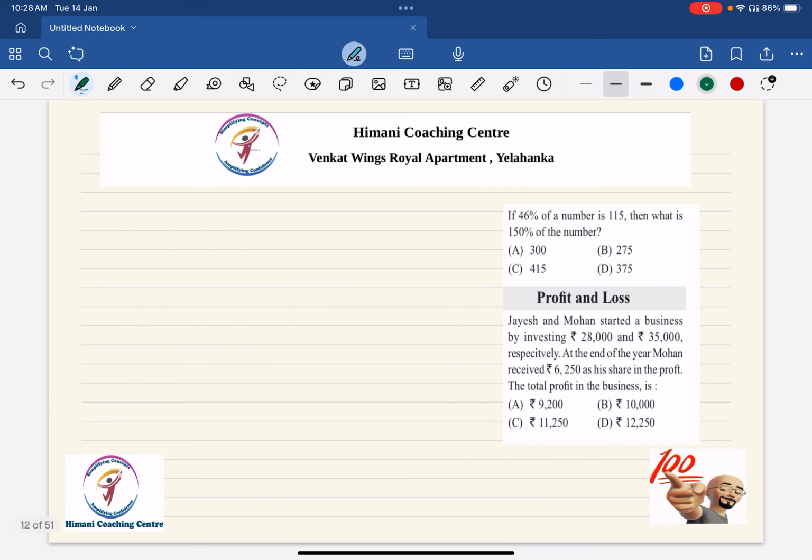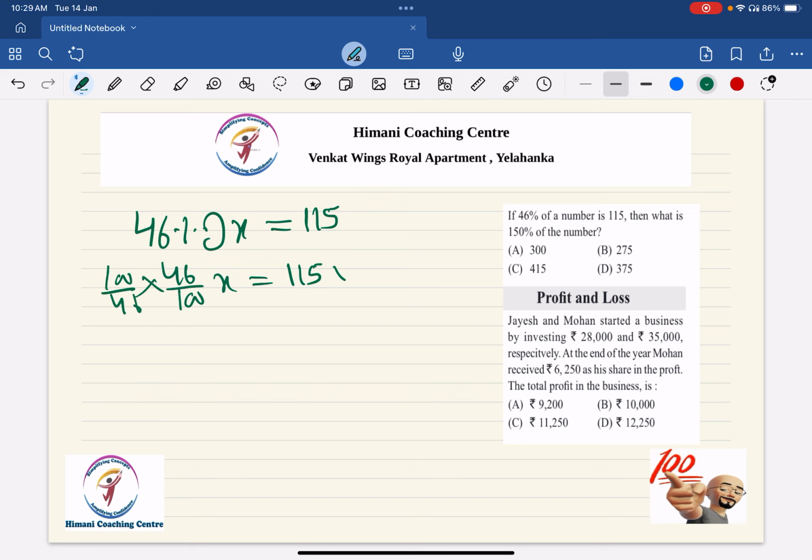Okay, students. Then next question is again on percentage. 46% of a number is 115. Then what is 150% of the number? So first we should know what is the number. So 46% of x is 115. Okay, bachcho. So 46 by 100 x equals 115. Reciprocal of this is 100 by 46. Multiply both sides with that.